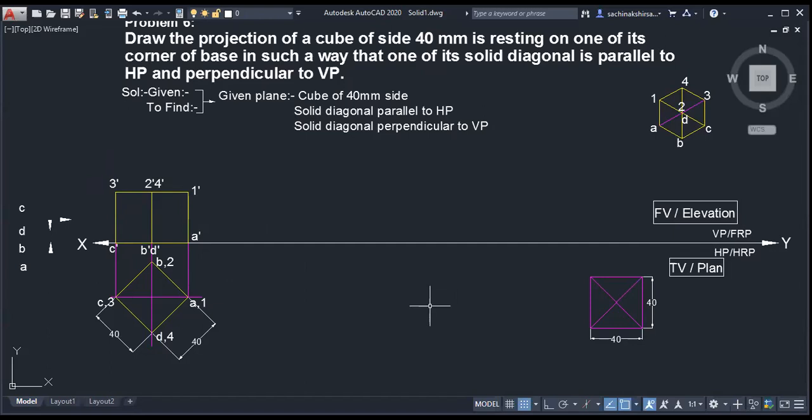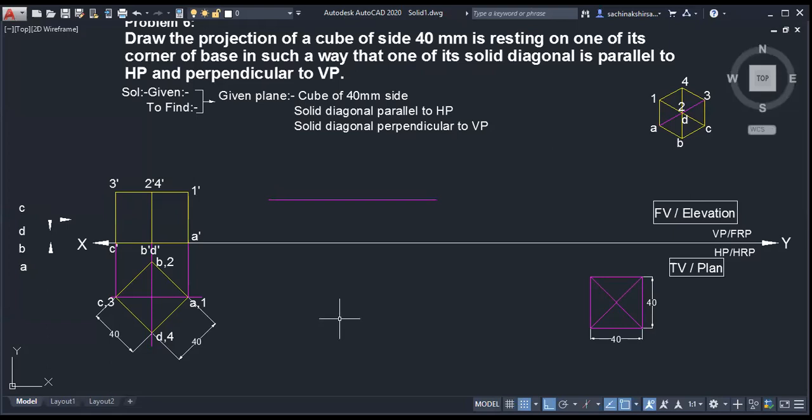A dash 3 dash should become parallel to HP, meaning horizontal. Likewise, it should become horizontal in this way. Still, the A dash point should remain on XY. Is it possible? We are saying A dash 3 dash should be horizontal, but A dash should remain on the XY line only. Is it possible? No, sir.